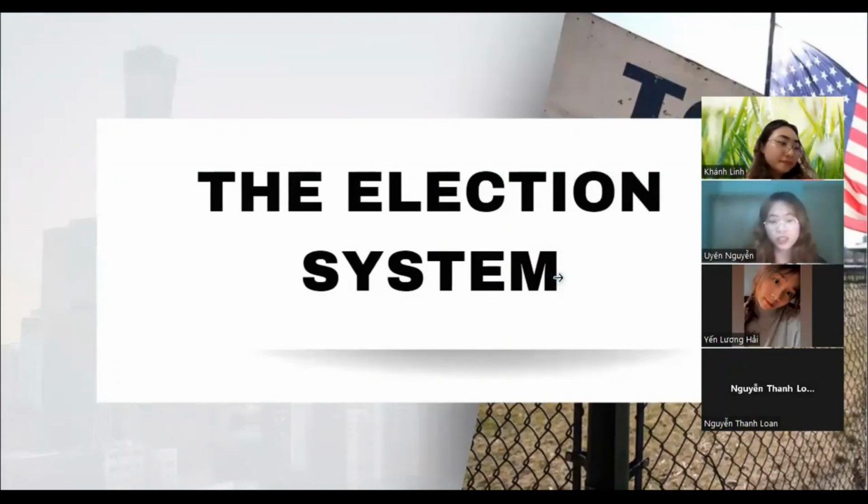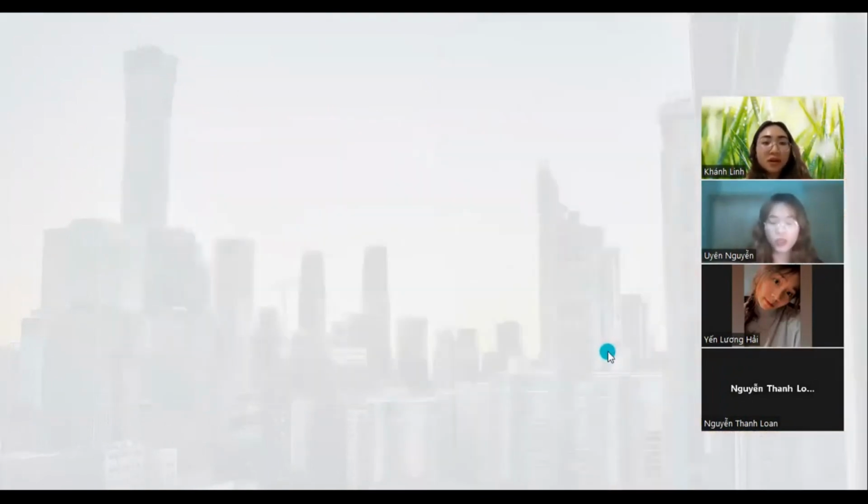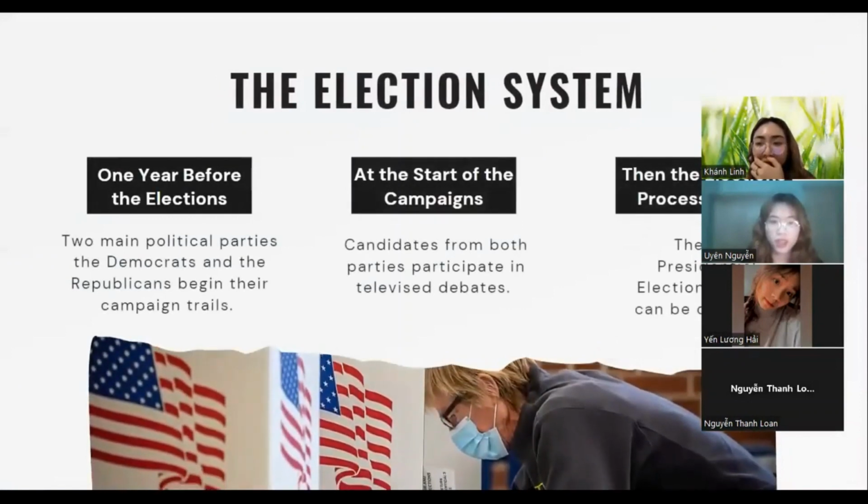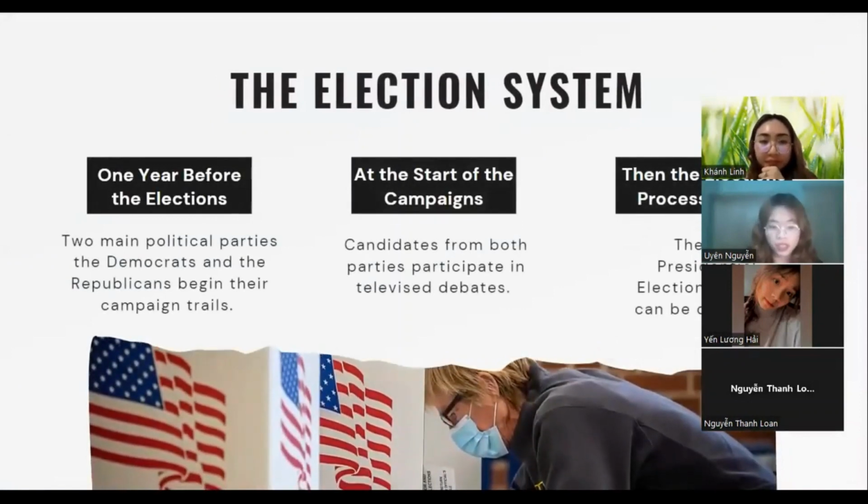Okay, so first we will overview 1 year before the election. Candidates from the two main political parties, the Democrats and the Republicans, begin their campaign trail. They set up their team and start going on tour around the country to rally for support and to fundraise for their campaign.